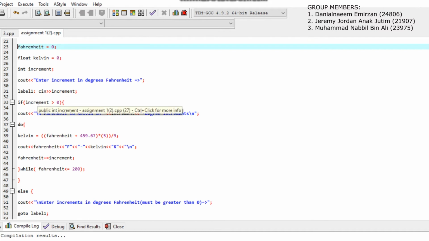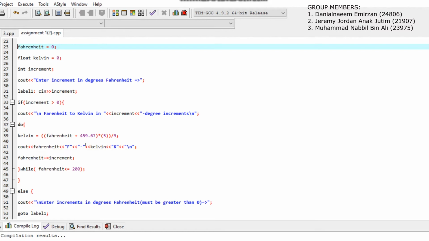So for every increment which is more than 0, we need to use this formula: Kelvin equal to Fahrenheit plus 459.67 multiplied by 5 divided by 9.